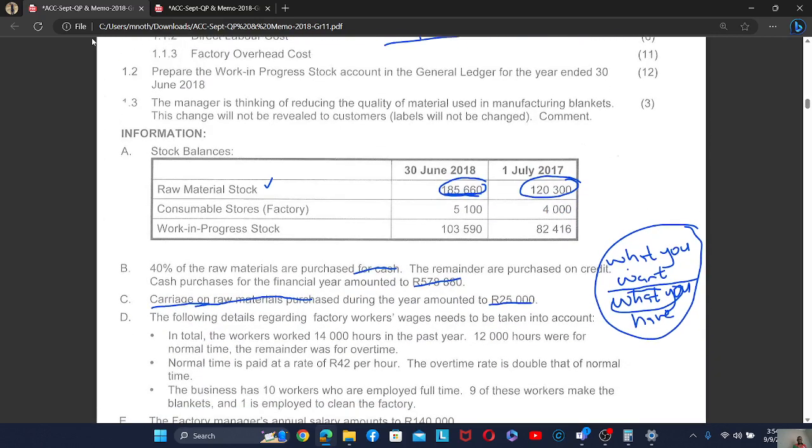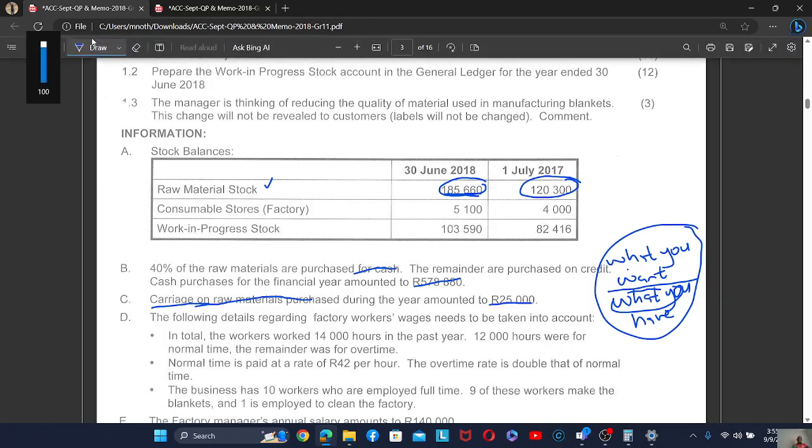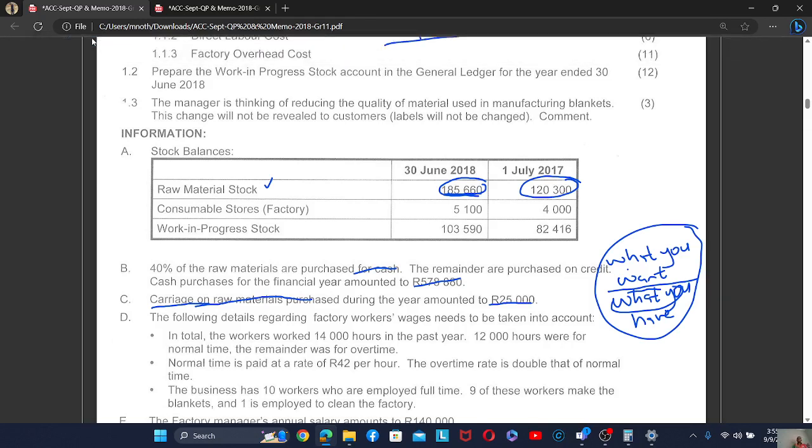Sir, can I ask you this one thing? Yes. Say for example you're packing stock with plastic, packing the stock that you're going to send. Will that be direct material cost or indirect material cost? A material that is being used to pack the raw material?